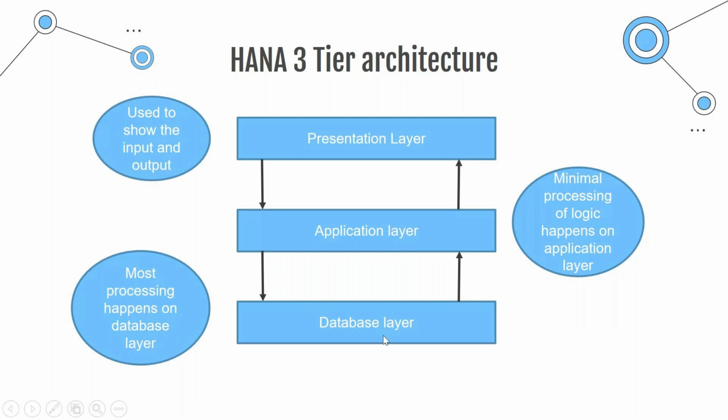There is no restriction, because HANA is an in-house database developed by SAP itself, and it is called an in-memory database. That's the reason it can handle any amount of load. So we have to tweak the logic a little bit.